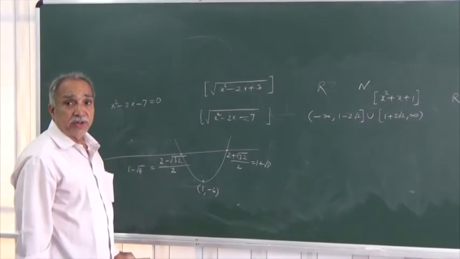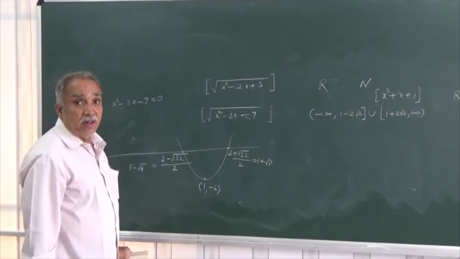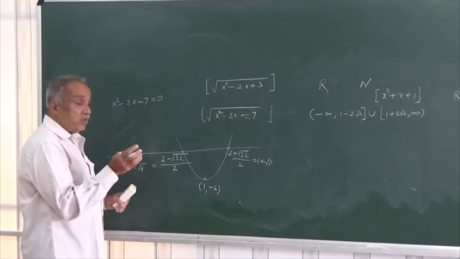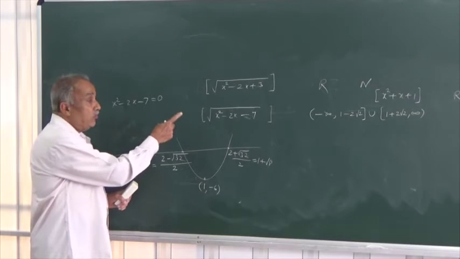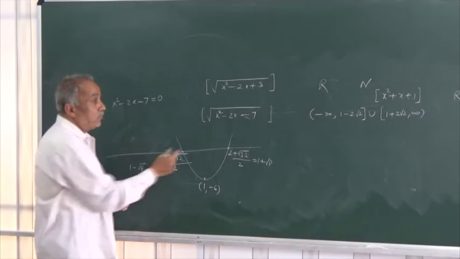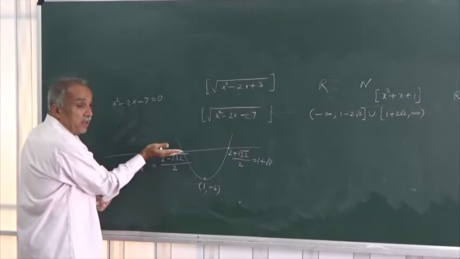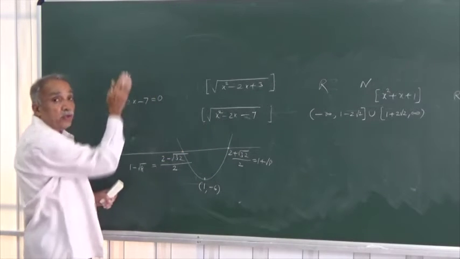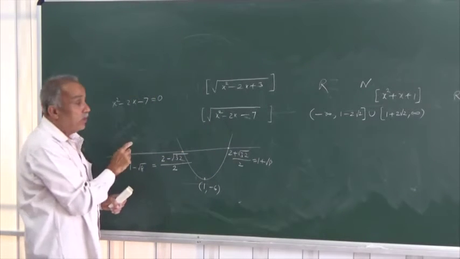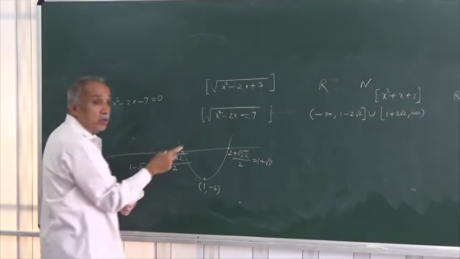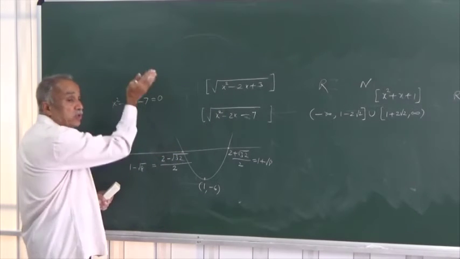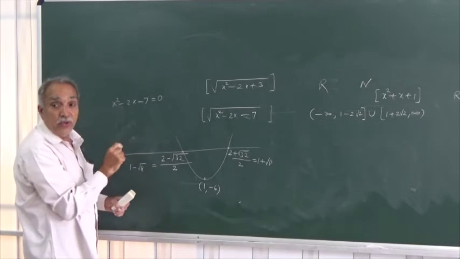What will be the range? Range is nothing but the set of all values taken by the function. The function x square minus 2x minus 7 takes all values from 0 to infinity, including 0. Therefore, the square root takes all values from 0 to infinity, including 0.